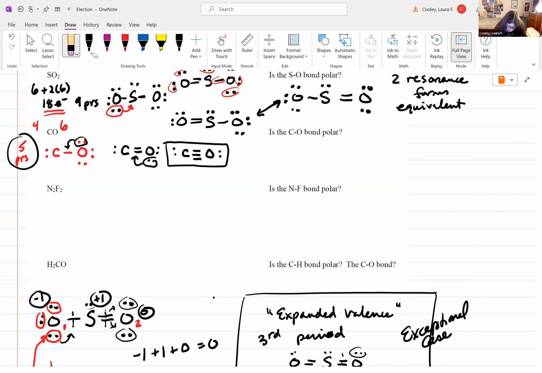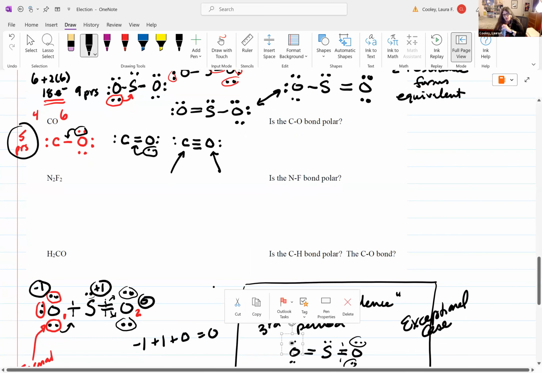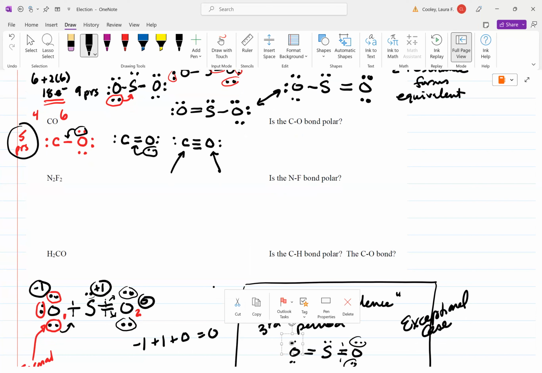Just out of curiosity, what is the formal charge on the carbon here? All right, someone tell me, because I don't want to keep doing this myself. I know how to do this already. So how do I count up the electrons belonging to that carbon? You count 2 for the lone pair and then 1 for each bond because the bond's electrons are shared evenly.